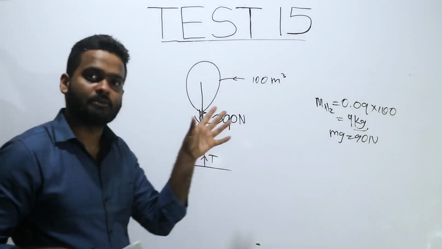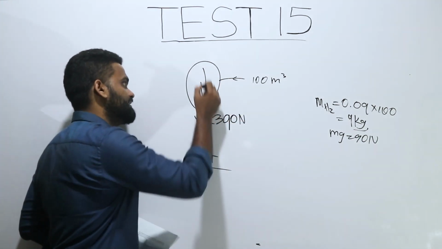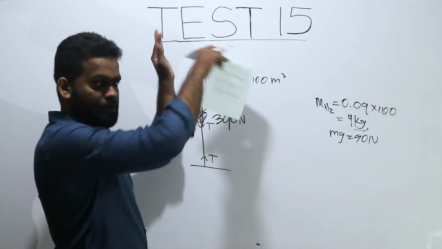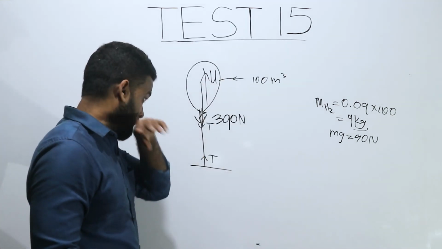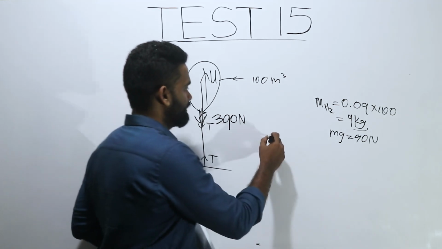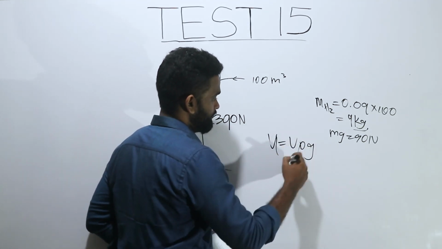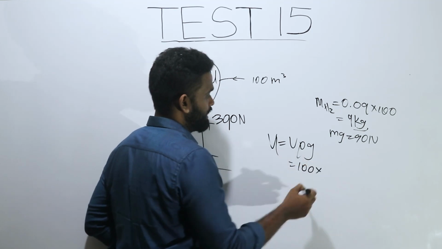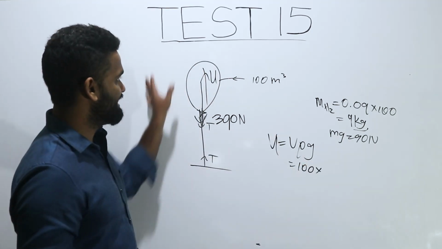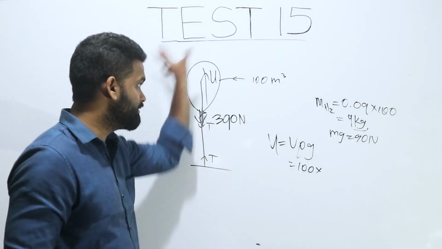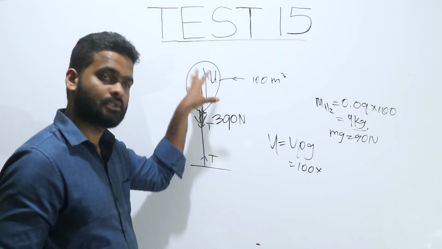Another force acting on the balloon is U, that is the upthrust, caused by the air around the balloon. I can find the upthrust as well: V rho g. The volume is 100, and rho means the air density, that is the fluid that the balloon is in.